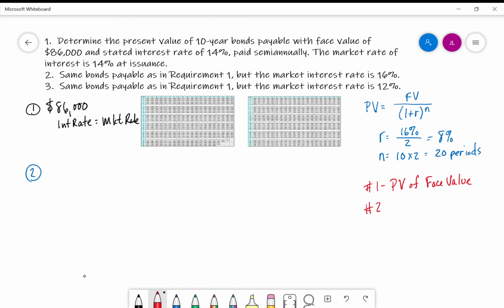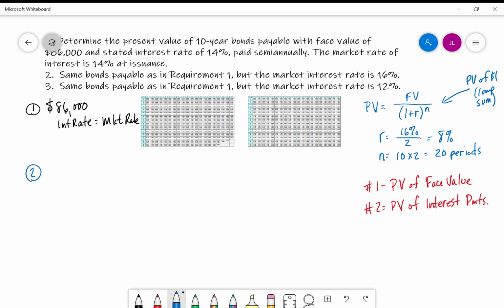And the second thing we have to calculate is the present value of the interest payments that bond will be paying. These are the 2 things that we need to calculate. And when we're calculating for the face value, this is present value of $1, or sometimes you might see it as a lump sum.